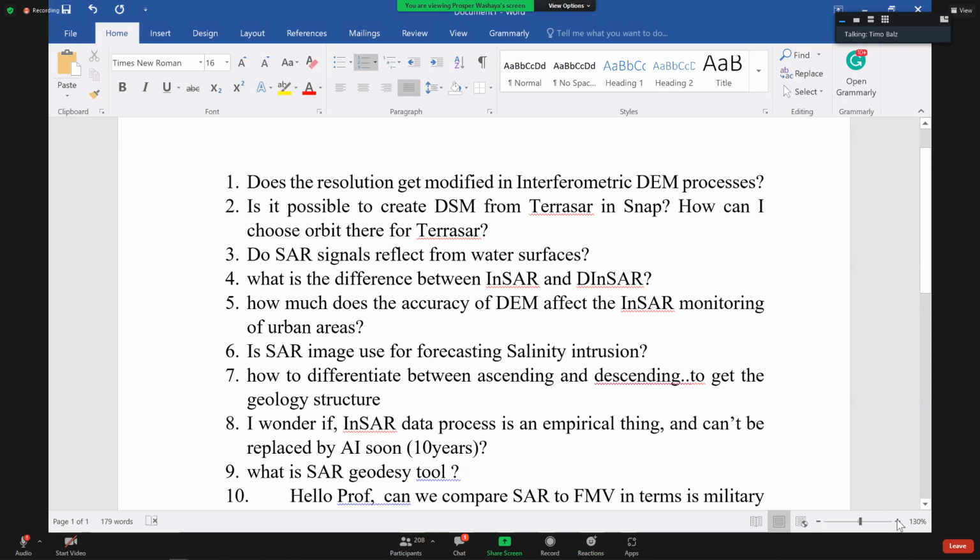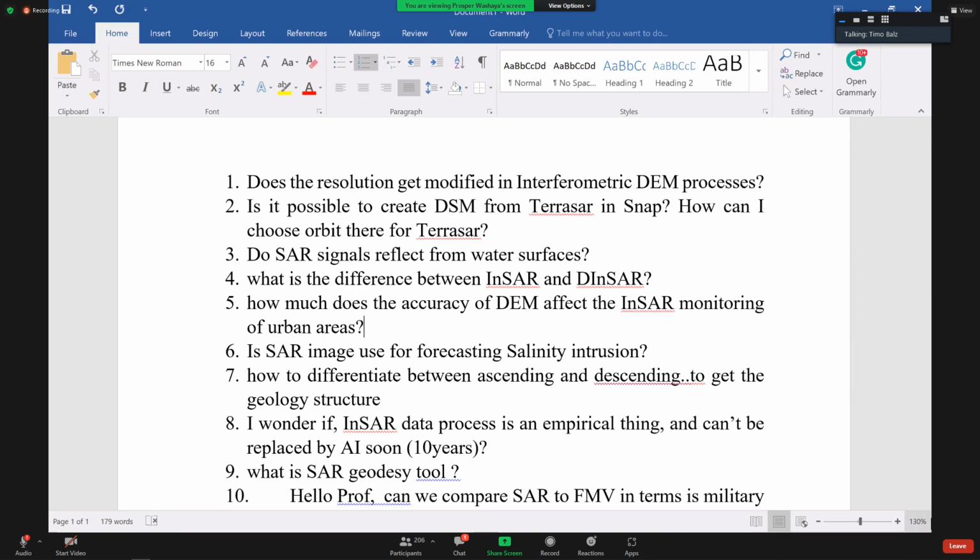Does the resolution get modified in interferometric DEM processes? I'm not so sure what you mean by modified, but what we typically do when we process the DEM is we want to use multi-looking. So we are going to reduce the resolution by multi-looking the data.